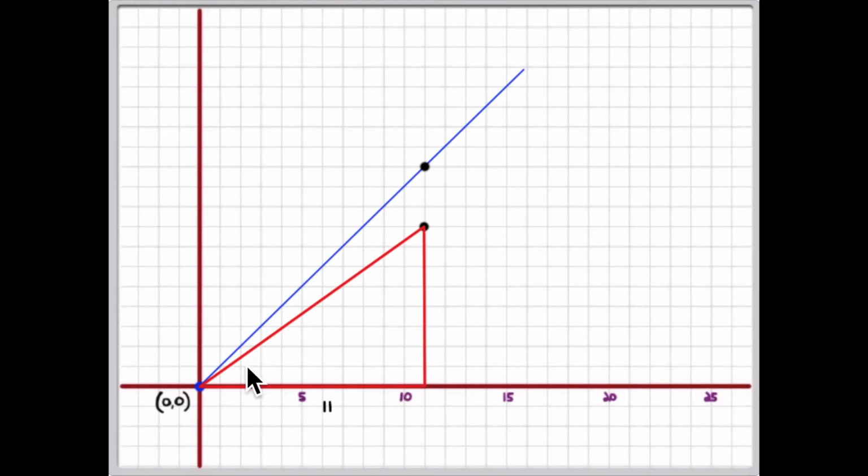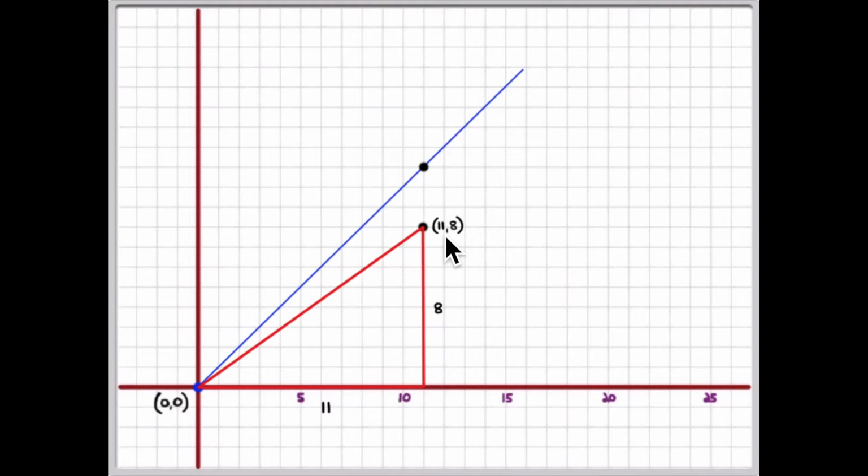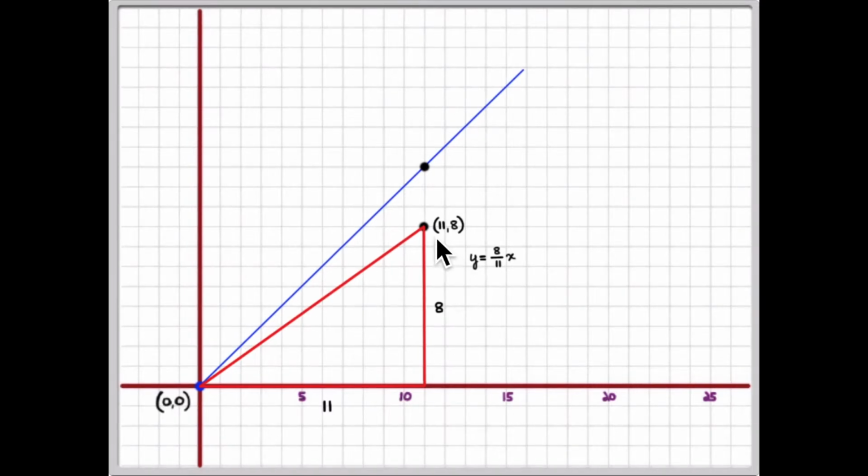So this slope is going to be less than 1, because 8/11ths of 11 is 8, where 11/11ths would be 1 times 11, or 11. So this point right here is (11, 8), and this vertical length is 8/11ths of whatever the length is for x.